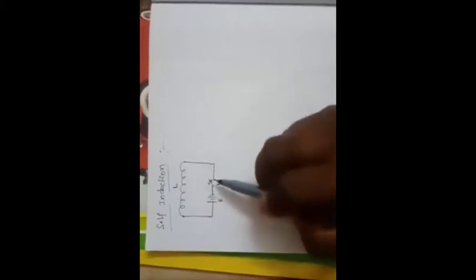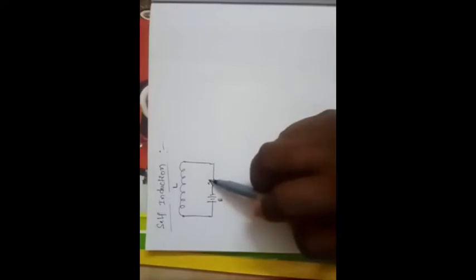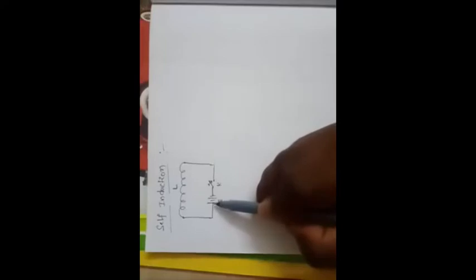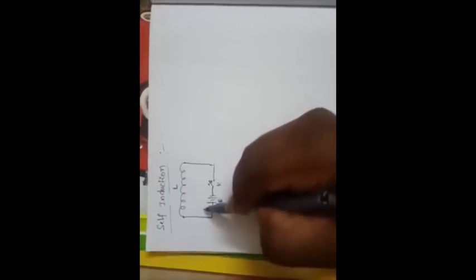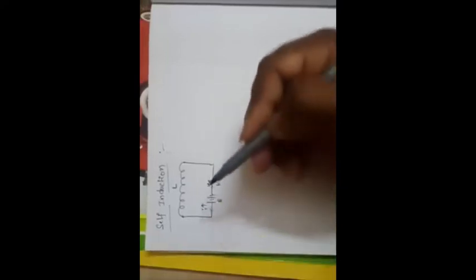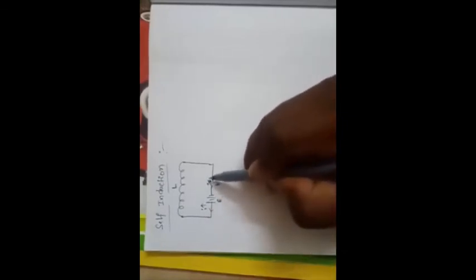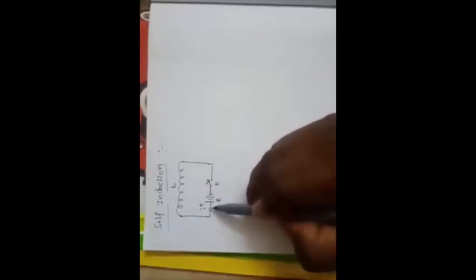If the key is closed, that means the key is in on mode. When the key is pressed or closed, the current starts growing in the circuit, through the coil.